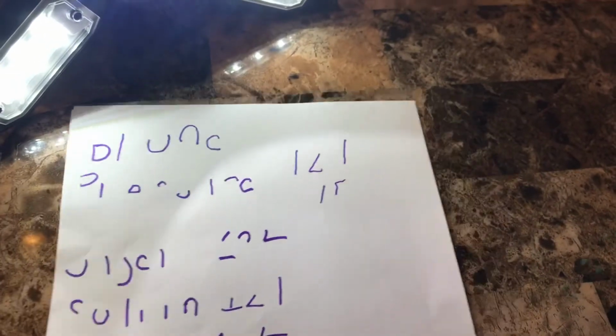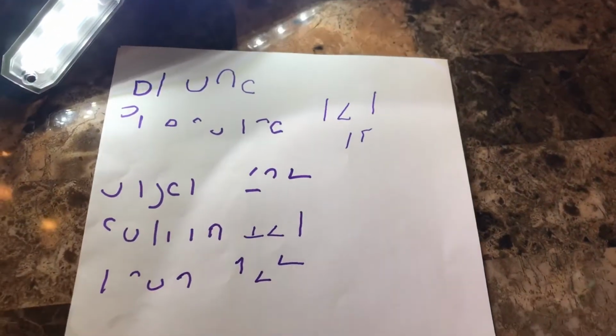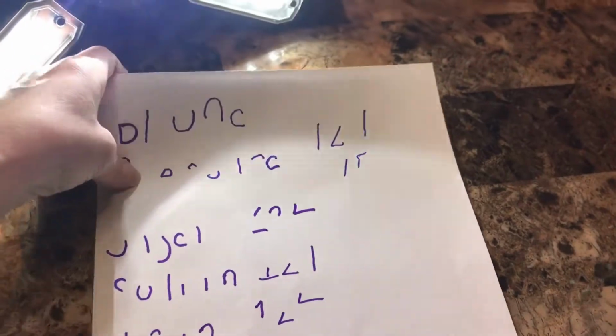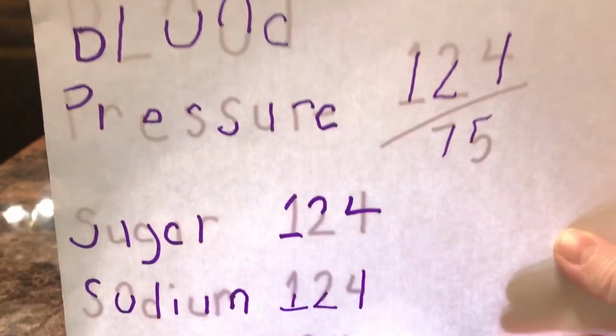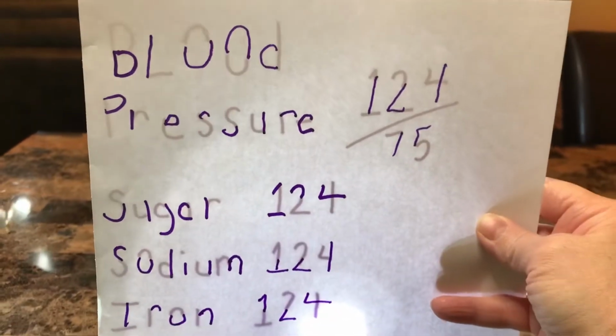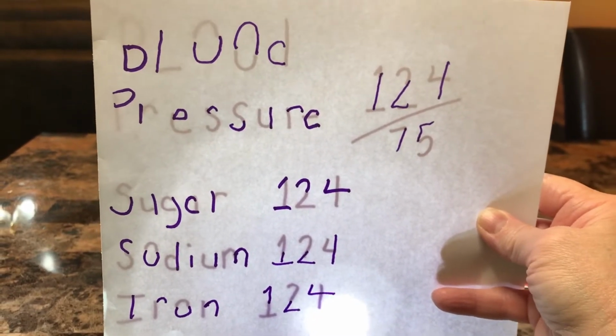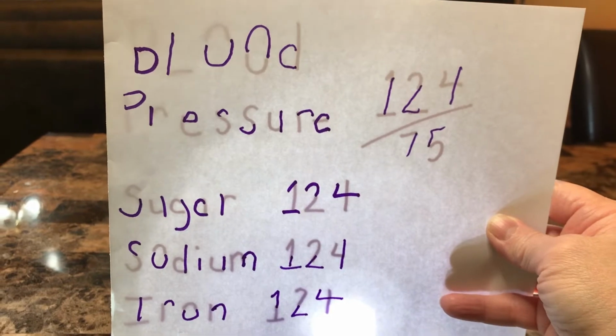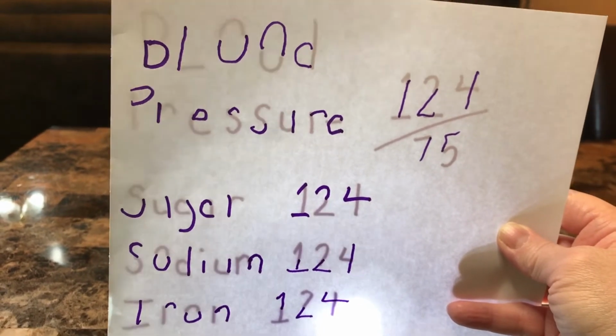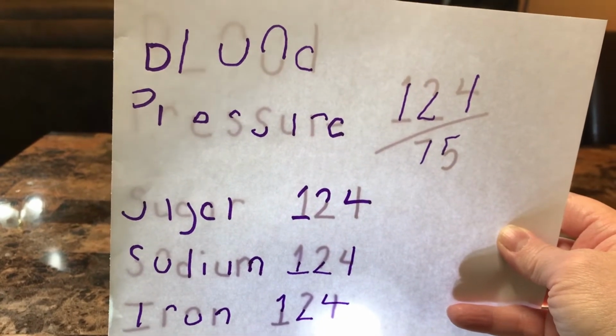Once you finish, it looks kind of silly like this, but then when you hold it up, there we go. As you can see, when you hold it up in front of the light, they can see the full word. So then you have two pieces that they have to find.